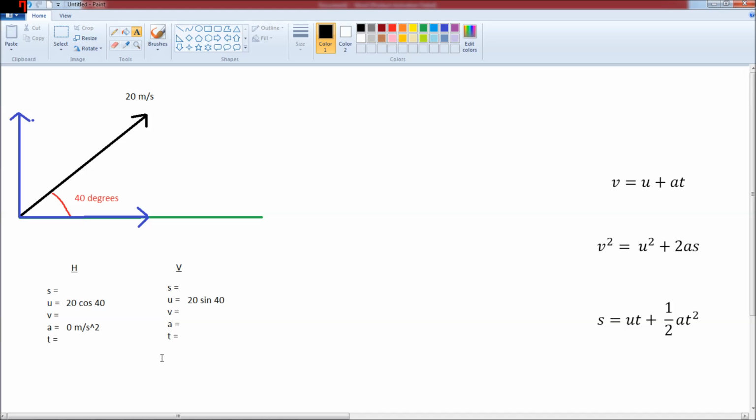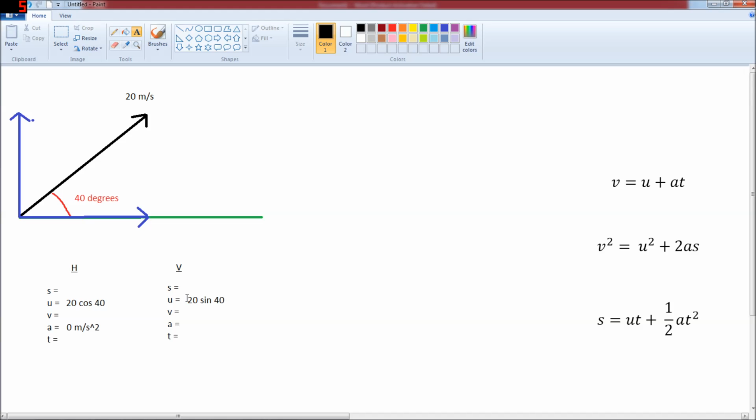You might say, Mr. Perry, in real life there's air resistance and friction, and I'm going to say, yeah, true, but we don't do real life in physics. We have to do it theoretically, making some assumptions, otherwise the calculations get too complicated. So the velocity is going to remain 20 cos 40, but we won't bother writing it here. Do we know how high the object goes?